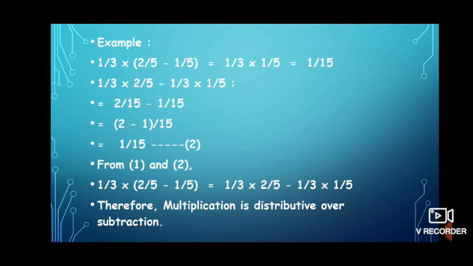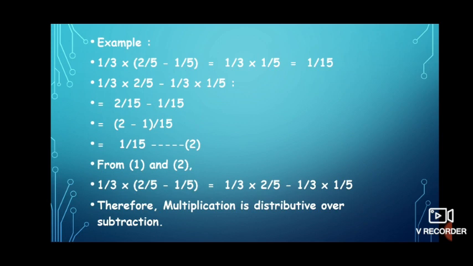We will see 1 by 3 into (2 by 5 minus 1 by 5). First we multiply inside the brackets, children: 2 by 5 minus 1 by 5 will be 1 by 5. So 1 by 3 into 1 by 5, multiplying numerators 1 into 1 is 1, 3 into 5 is 15. Now for the right hand side, I am doing the distributive thing: 1 by 3 into 2 by 5 minus 1 by 3 into 1 by 5.